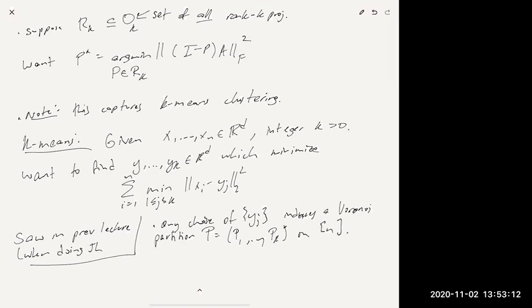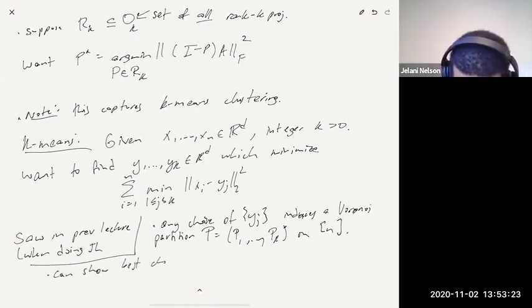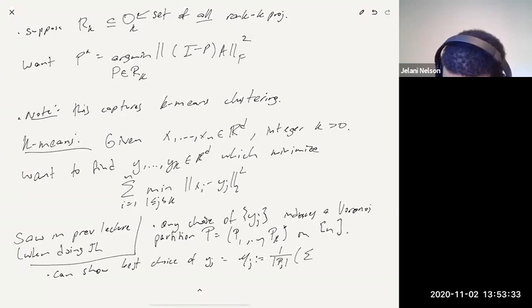You can show that by taking a gradient and setting it to 0. The centroid is just the average point in the partition. The best choice of yj is mu j, which is the centroid: 1 over the size of Pj times the sum over i in Pj of xi. It's just the average of the points there.